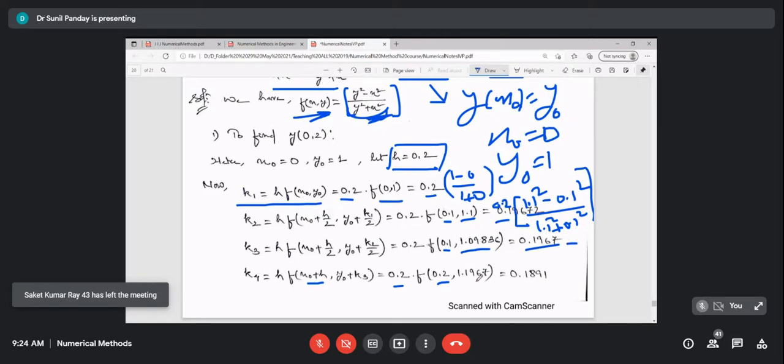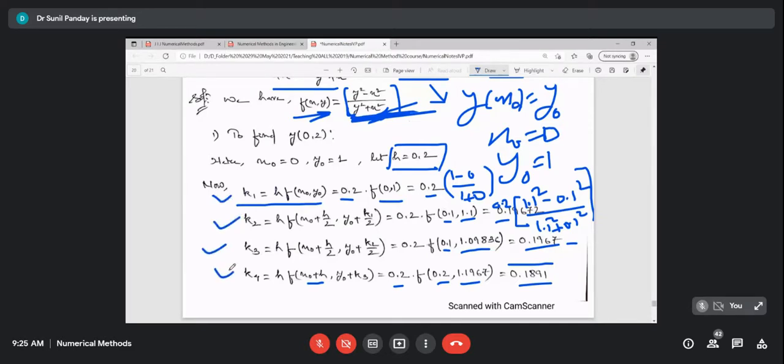So this is k3 and y naught is 1. So this one, and then again we use this definition of f of x, y, and then we multiply by 0.2, we will get 0.1891.